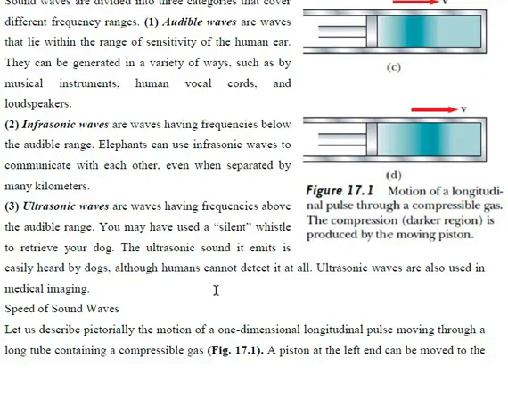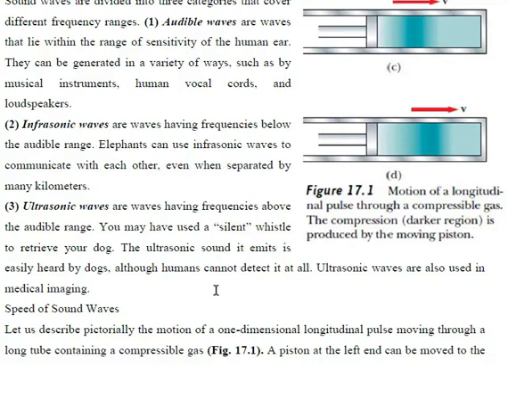So now, what about the speed of sound waves? Already we have discussed the speed of a sinusoidal transverse wave on a stretched string. So what about the speed of a sound wave?